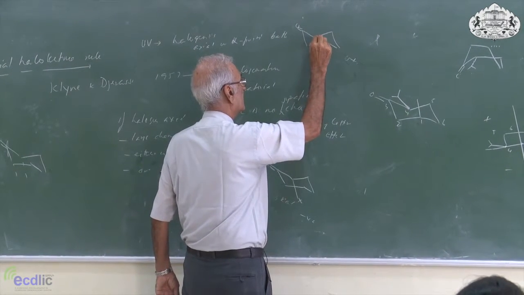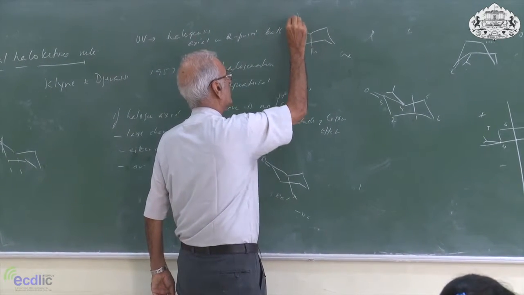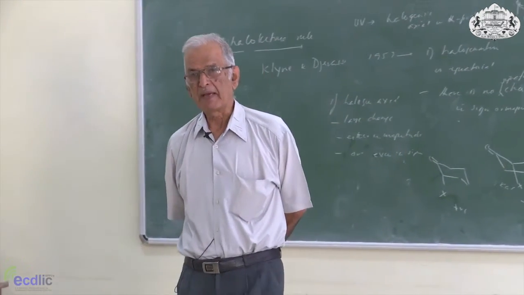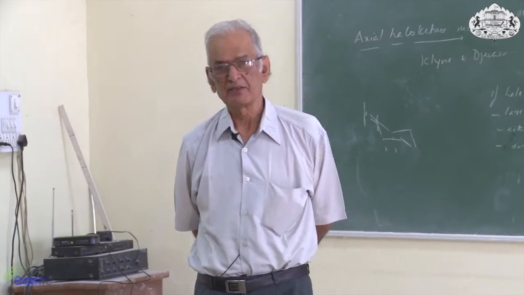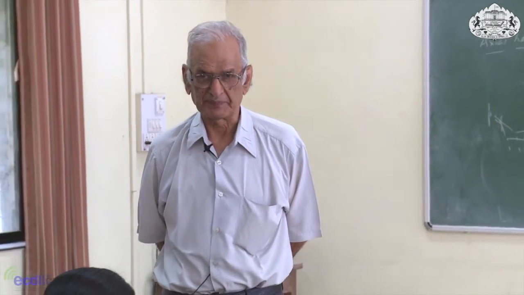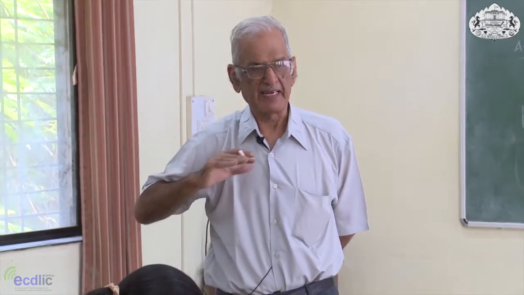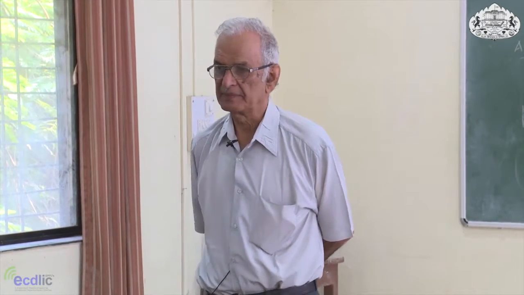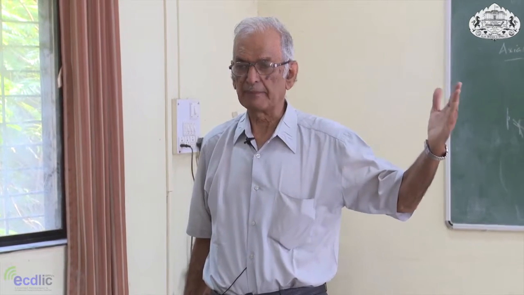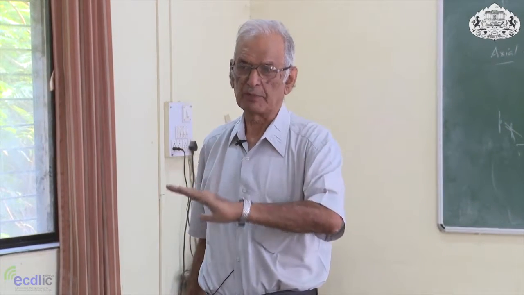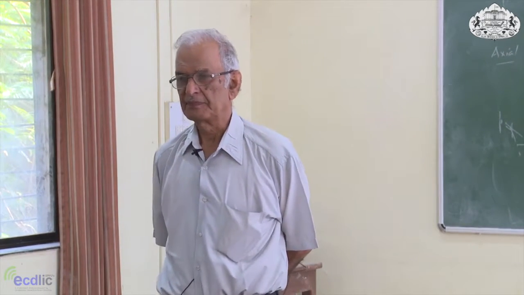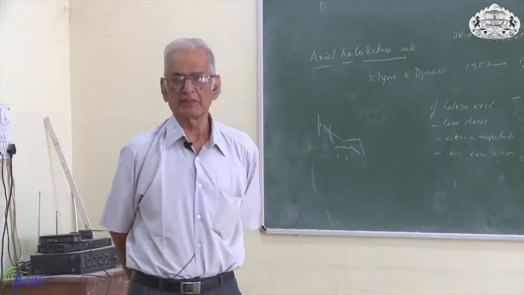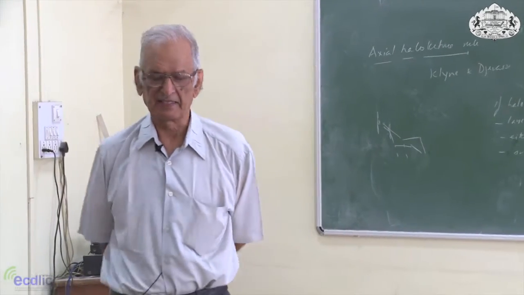Why is this? The orbitals of the carbon bromine bond are parallel to the pi orbitals of the carbon oxygen bond. Whereas if the halogen is equatorial, there is no change in the UV. When I say this, we compare parent ketone with product. So that was the UV method to find out whether halogen is axial or equatorial.